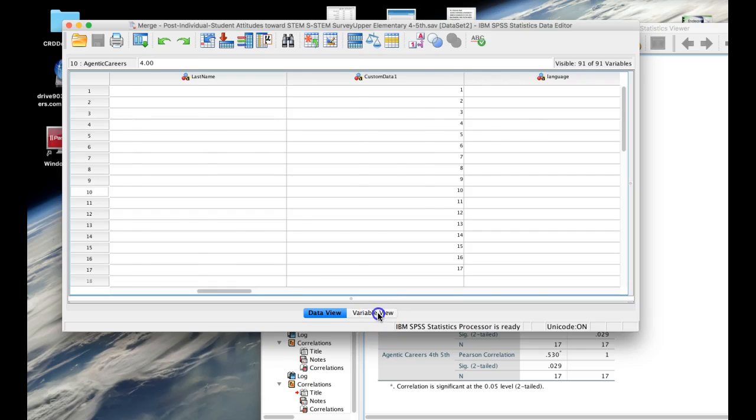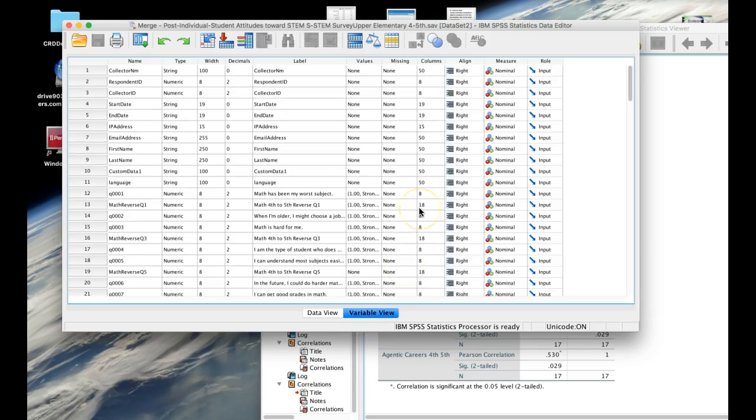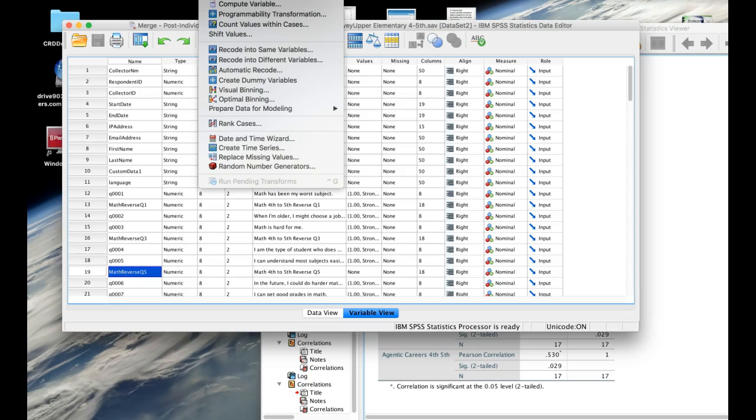And what I wanted to show you was that I did work on my variables such that here is question 1 of math, question 3 and question 5. So what I did was the transform, recode into different variables, and then switched the reverse order of the Likert scale, which was 1 to 5, but I flipped it so that everything was in a positive standpoint.